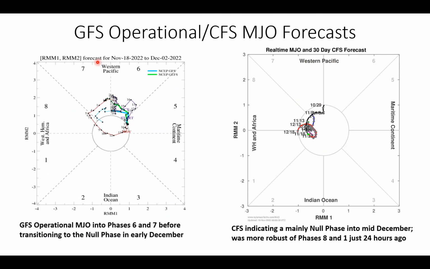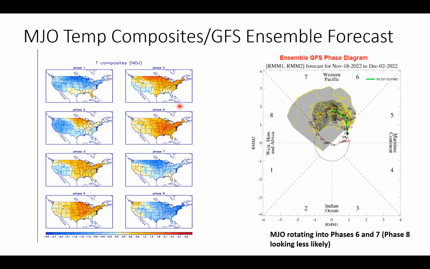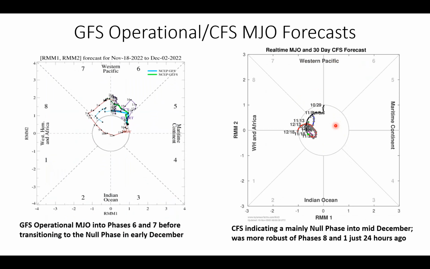Here's the GFS operational forecast here on the left, and I want you to pay attention to this aqua color line, this light blue looking line here. Very similar. Let's go ahead and compare. This is a little bit more amplitude when we talk about the GEFS MJO forecast, a little bit further away from the inner circle, so greater amplitude or magnitude to the MJO, whereas the GFS keeps it closer to the null phase, weakly into phase 6 and weakly into phase 7.